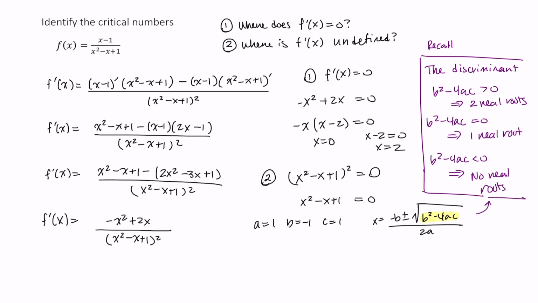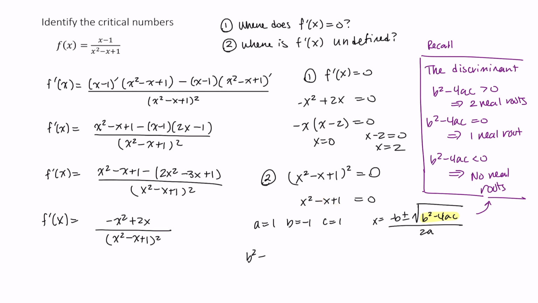Okay, so here it is as an aside in case you don't remember. Let's recall the discriminant, and that's this part of the quadratic formula, what's in the square root. If it's greater than 0, we have 2 real roots. If it equals 0, we have 1 real root. If it's less than 0, we have no real roots. Okay, so I have my coefficients, a equals 1, b equals -1, c equals 1.